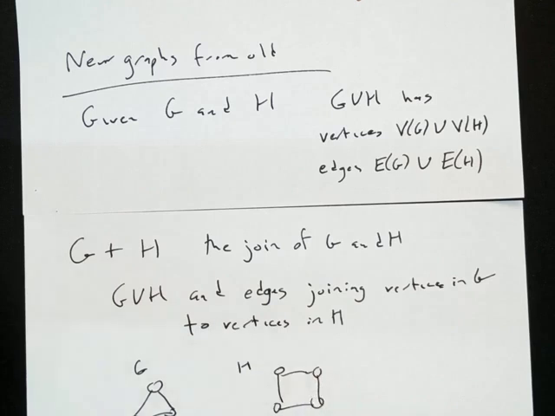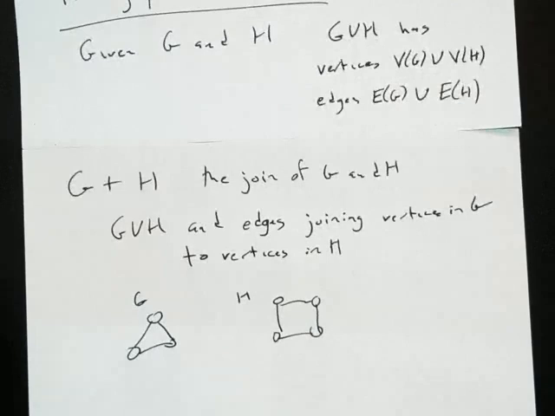then the join has to add a whole bunch more edges, doesn't it? How many?